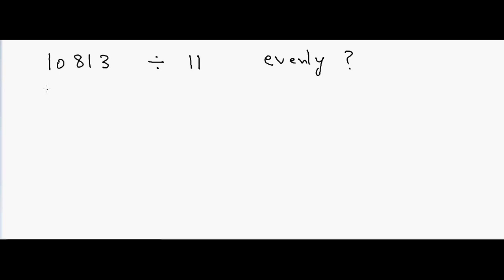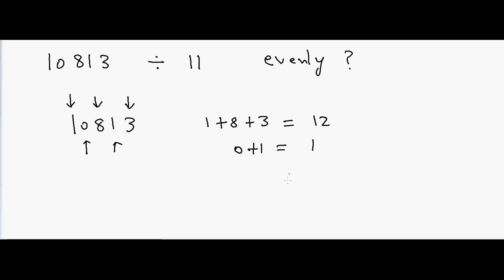So how will I do that? In that case, I'll take 10813, and I take the alternate numbers 1, 8 and 3, and I take the other alternate numbers and I add them together. So 1 plus 8 plus 3 is equal to 12, and 0 plus 1 is equal to 1.